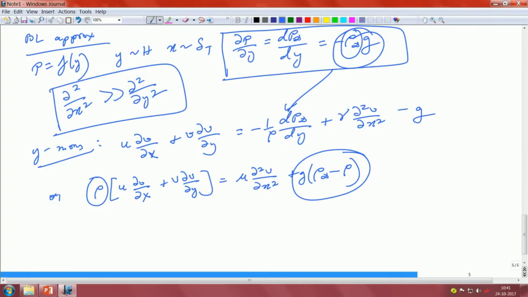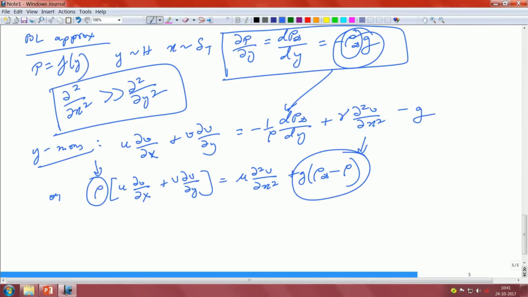And we will use that beta that we already have, which gives you the relationship between density change and temperature change. Now, an interesting point to note is that here you have a density rho, and here you once again have a density difference, which is like the buoyancy type of term.